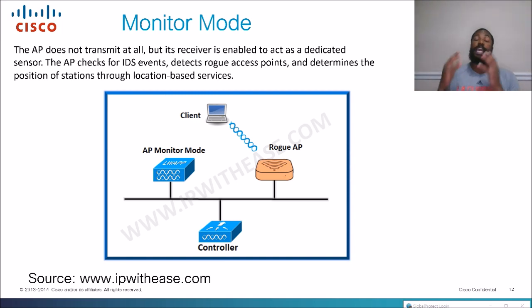But an AP in monitor mode can detect rogue access points, and then from there you can determine the position of these stations using location-based services, and basically keep your network secure. And that's what AP monitor mode is for.